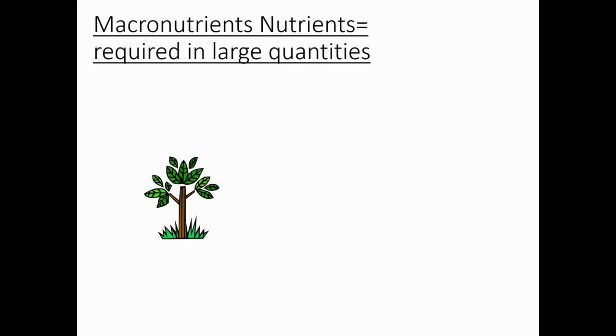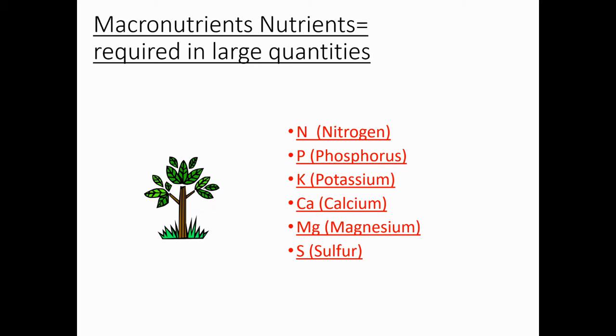But just like we have vitamins that our bodies make and then vitamins that you have to consume, plants kind of are in the same situation. So there are some macronutrients and micronutrients that plants need in order to be able to do all the things that they do. So this is the list of macronutrients.